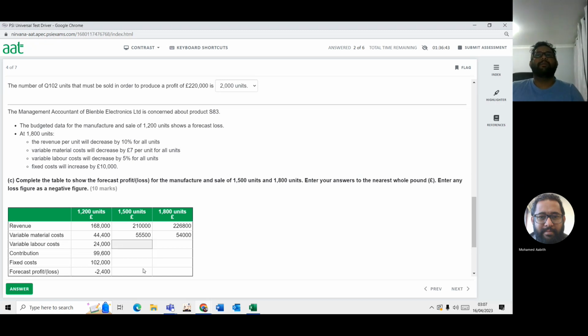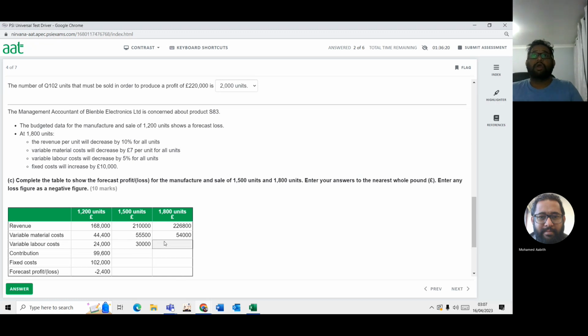The next one, variable labor cost, decreased by 5% at that level. But let's find out what the level is for this one. Here 24,000 cost divided by 12,000 gives me 20 pounds per unit. Therefore, for 1,500 units, it's going to be 30,000 pounds here.